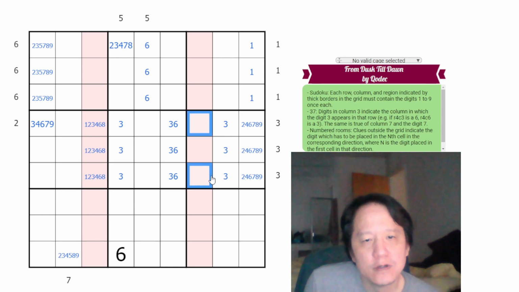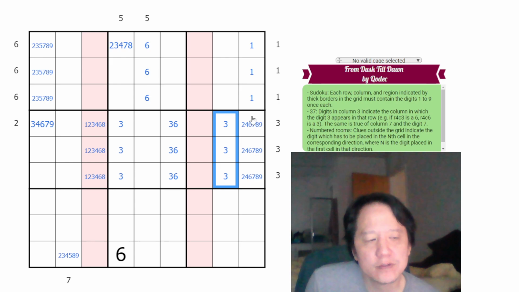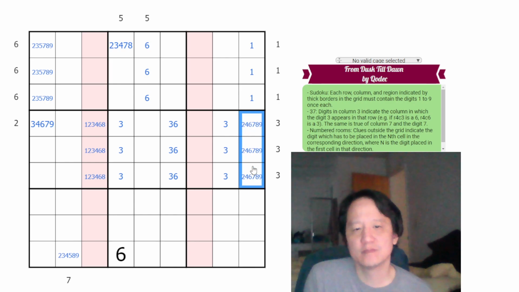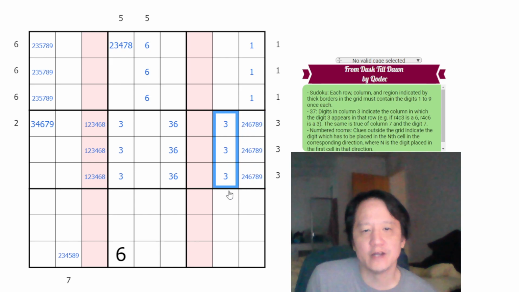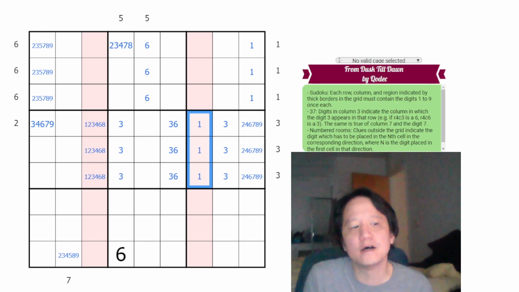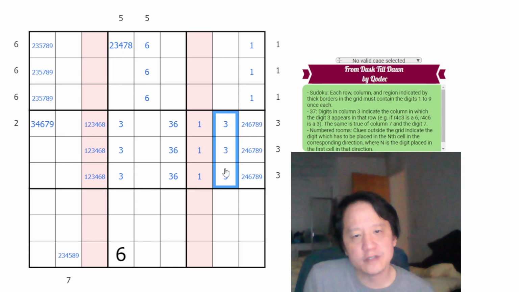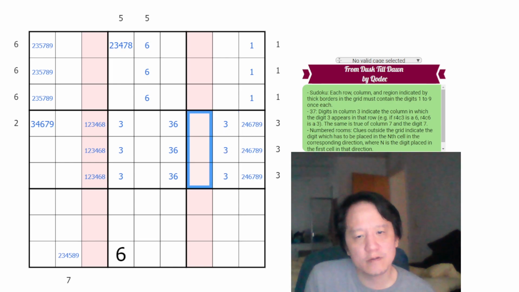Interesting. This is 3. No, wait, I'm thinking something else. Right, this is 3, this is 2, so this has to be 1. Ah, right. Right? Because this can't... Wait.